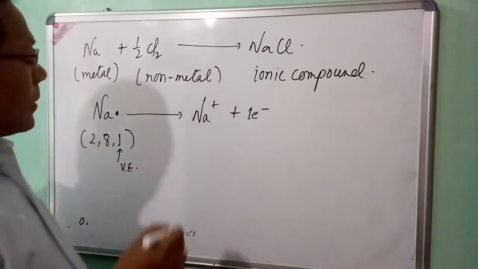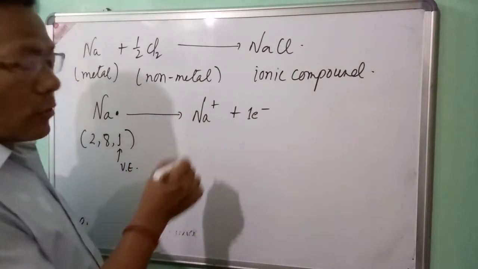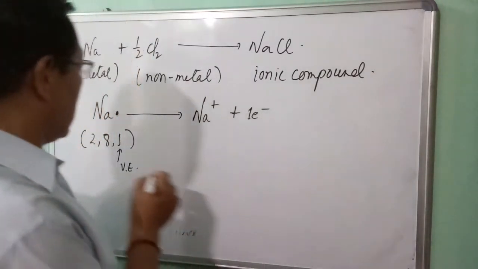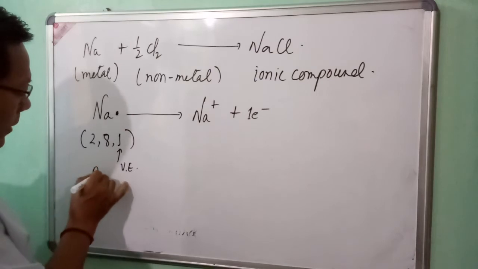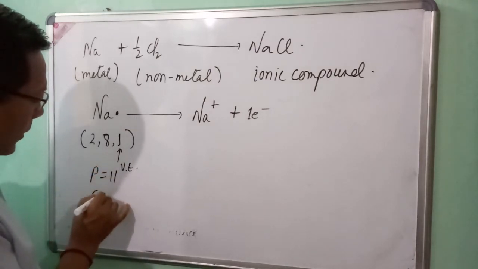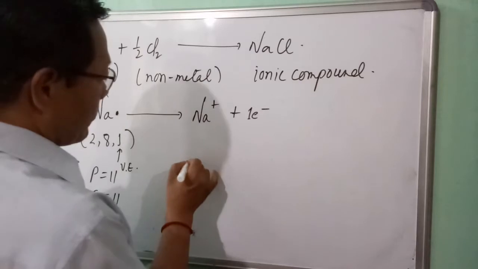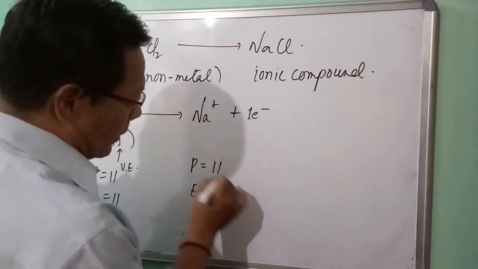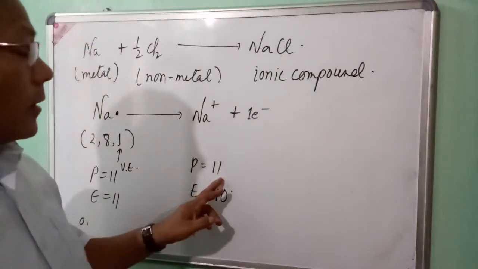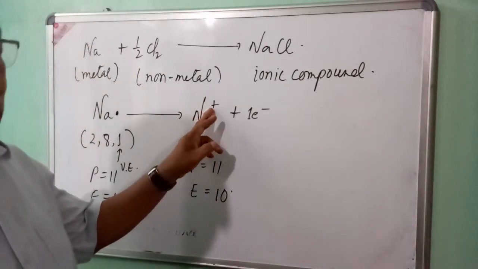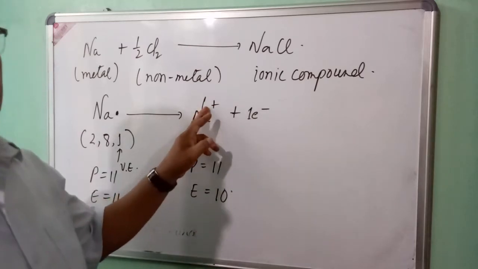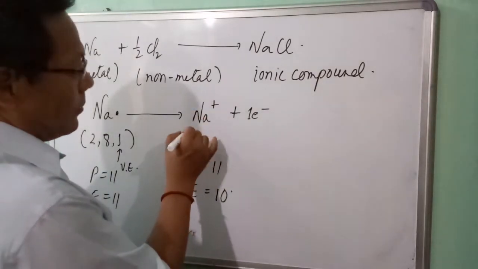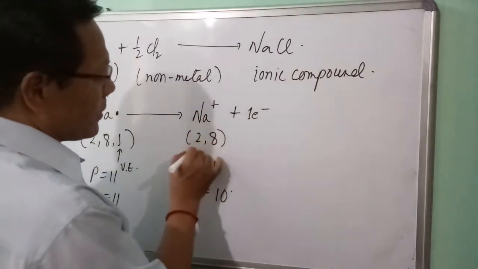Why does the cation carry a positive charge? It depends on the number of protons and the number of electrons. In a neutral atom, the protons and electrons are equal. But in this case, the protons are 11 and the electrons are 10 after losing one electron. The protons exceed the electrons, so it has a positive charge. So this sodium ion acquires the stable configuration of neon.